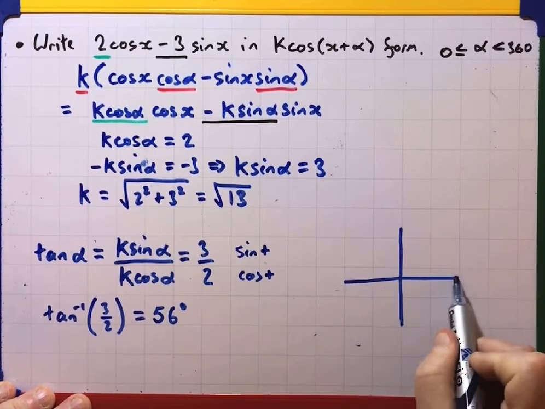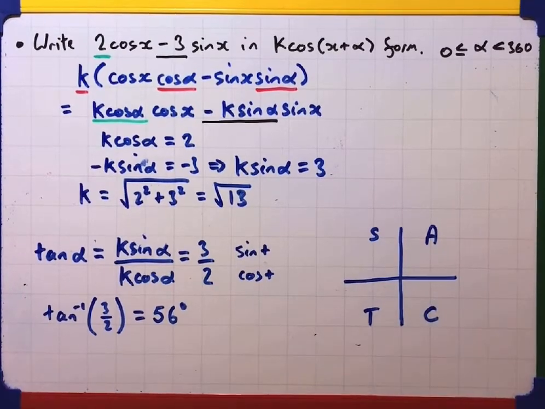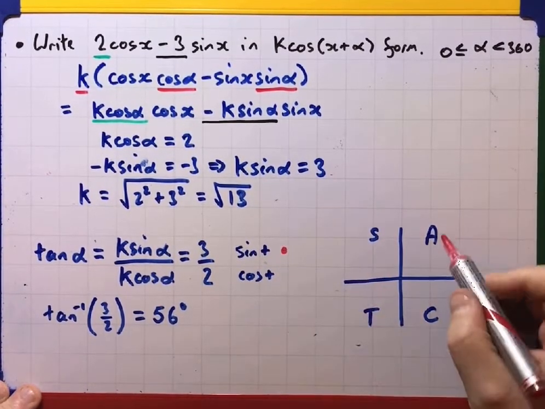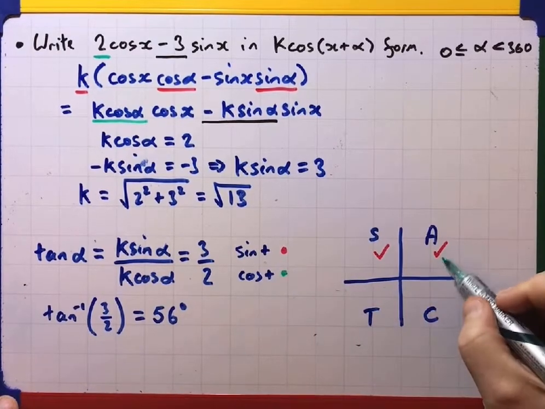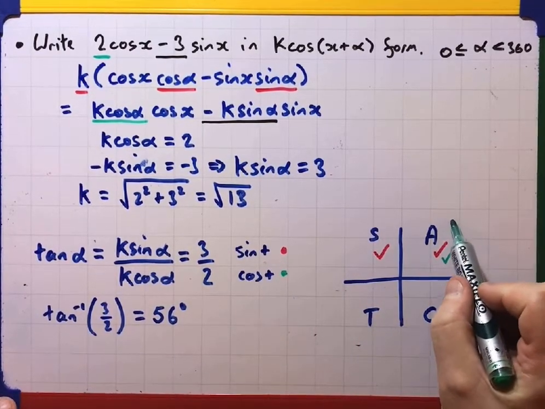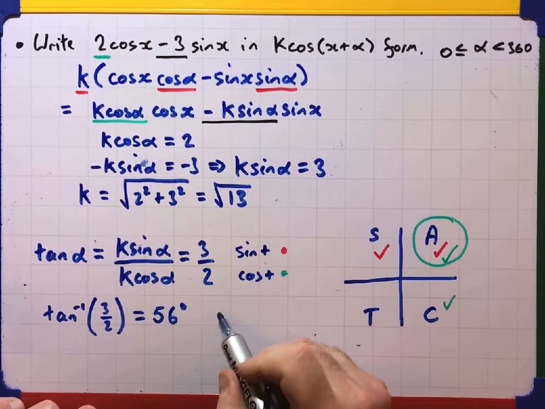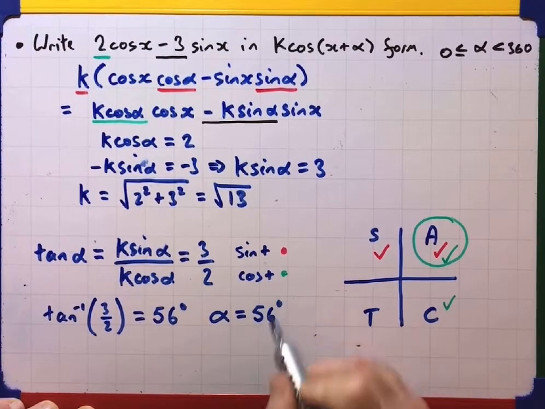Draw it across here. All, sine, tan, cos. Because sine is positive, it's got to be one of those two. And because cos is positive, it's got to be one of those two. And this is the place where both of those intersect. So here we are dealing with a first quadrant angle. So alpha will be 56 degrees.